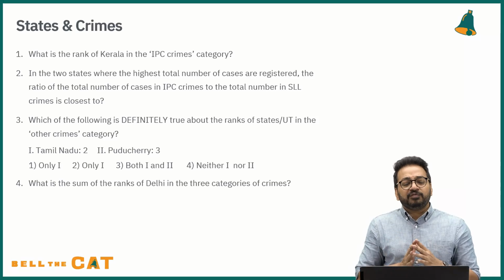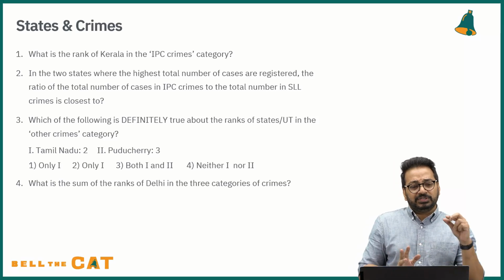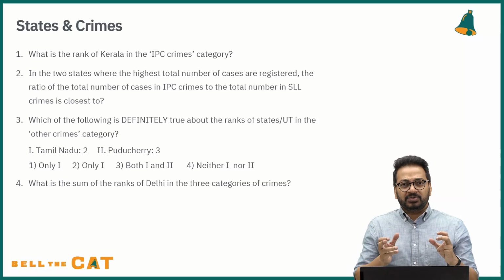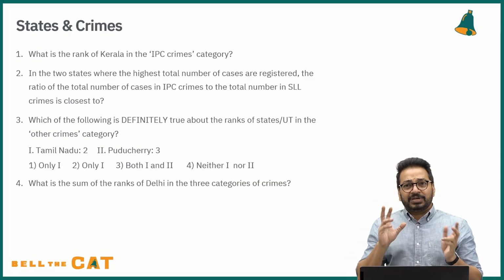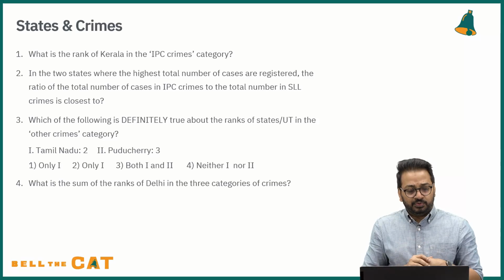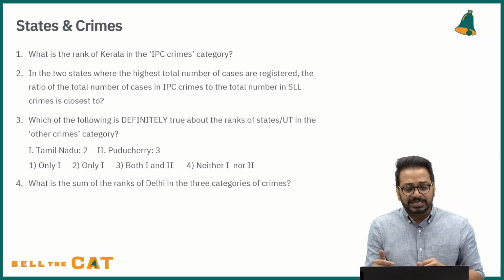What is the rank of Kerala in IPC? So they have a question about Kerala. In the 2 states where the highest total number of cases are registered, what is the ratio of total number of IPC to total number? So again, top 2. So right now they've asked you 2 questions. One is about Kerala, the other is about the top 2. Which of the following is definitely true about the ranks of UT and states in the other crimes category?